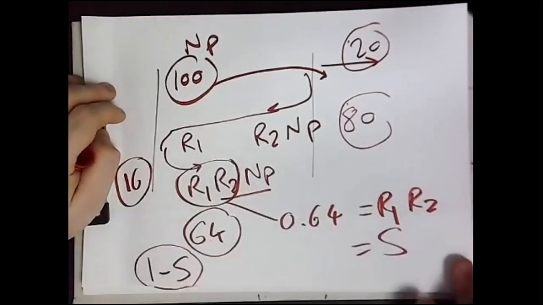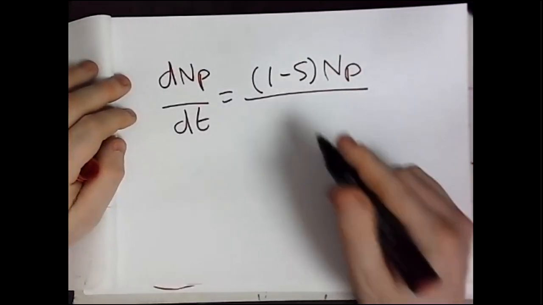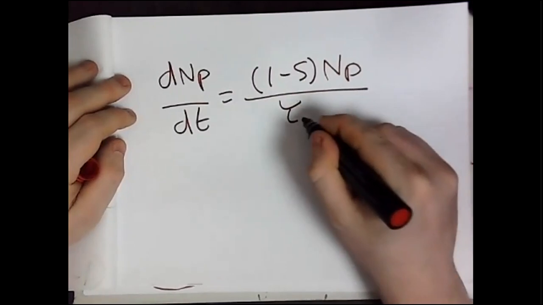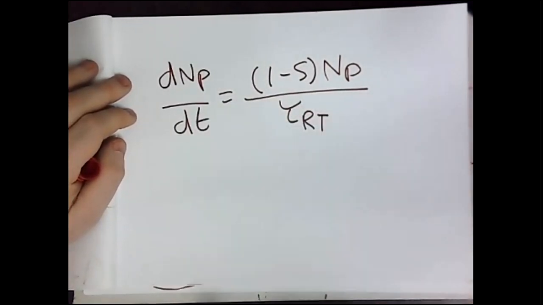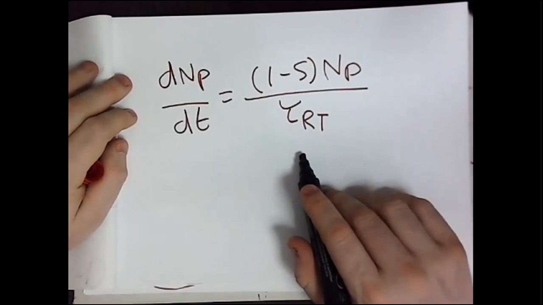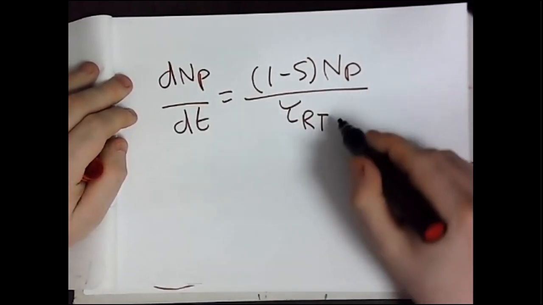So 1 minus S will escape. In the time duration here, what we call the T round trip. So in the time taken for one round trip, I lose 1 minus S of the photons.